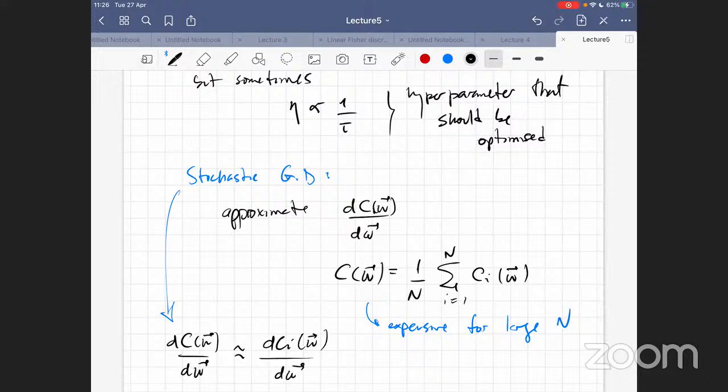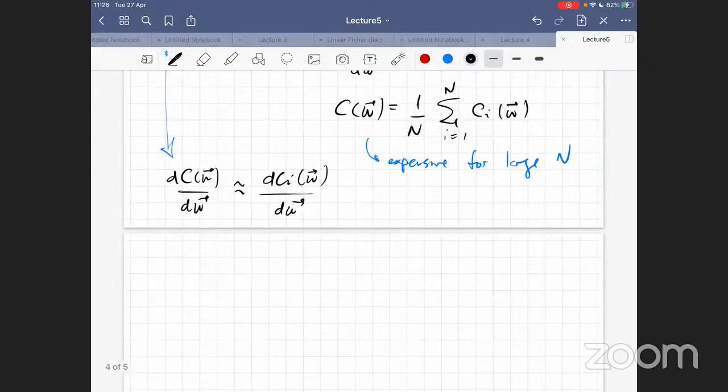So this is the basic idea behind the stochastic gradient descent. And this is chosen randomly, right? And then you may say, so how come this can work?